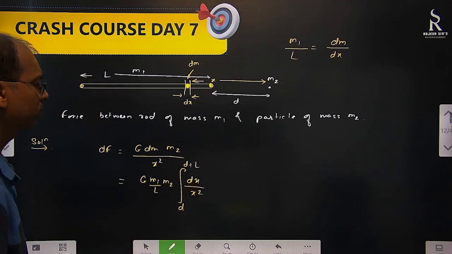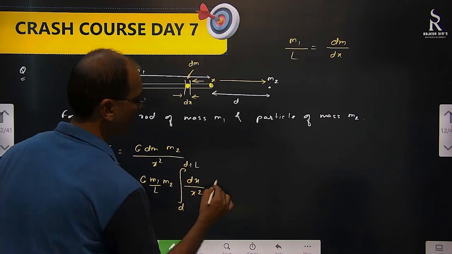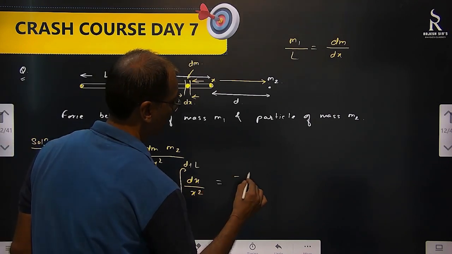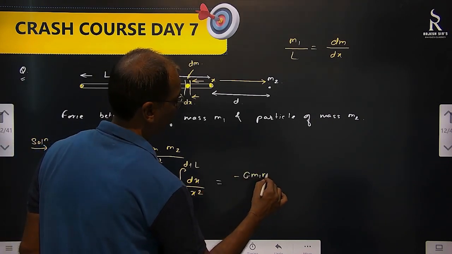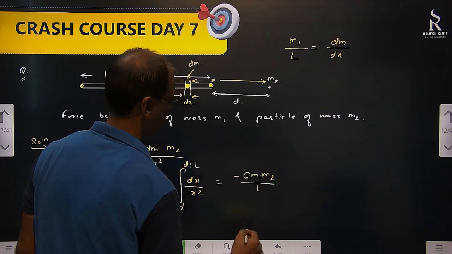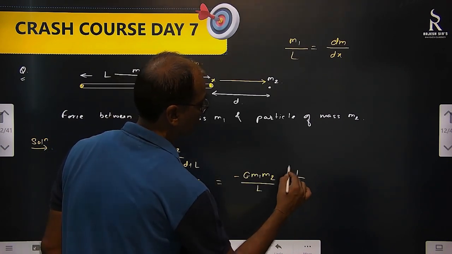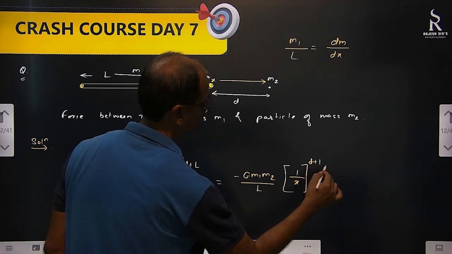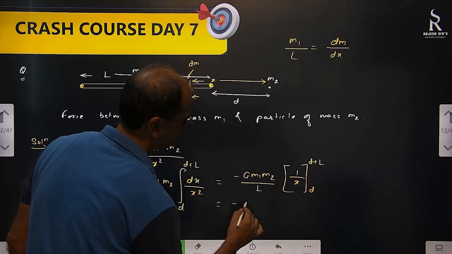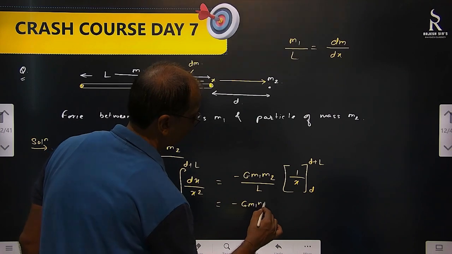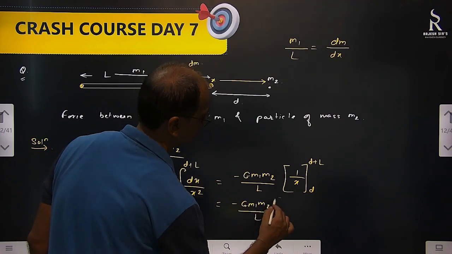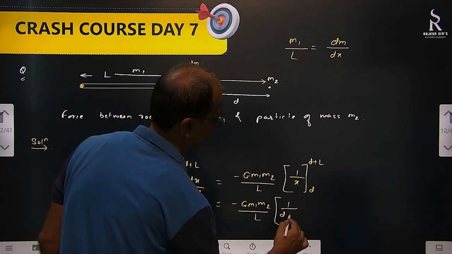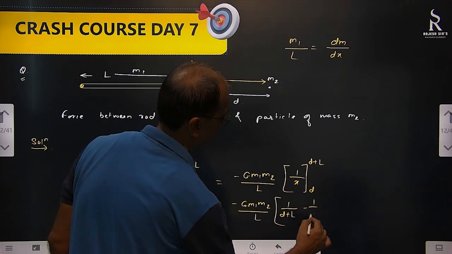Integration of dx by x square is minus 1 by x. So minus G M1 M2 by L into 1 by x, from d to d plus L. So what we are getting? Minus G M1 M2 by L into 1 by d plus L minus 1 by d.